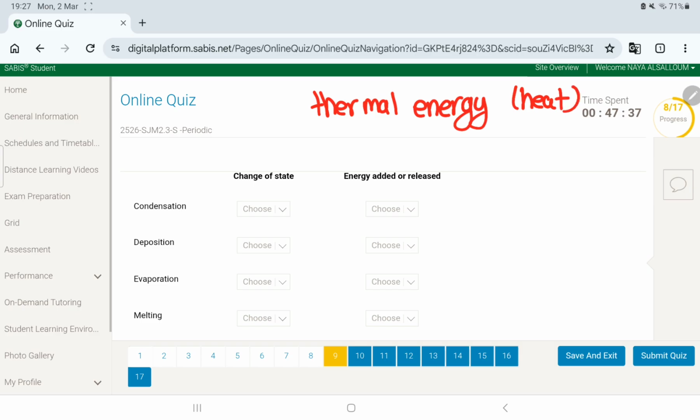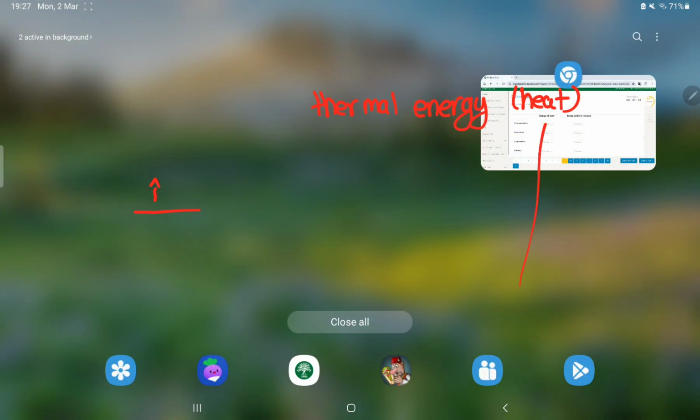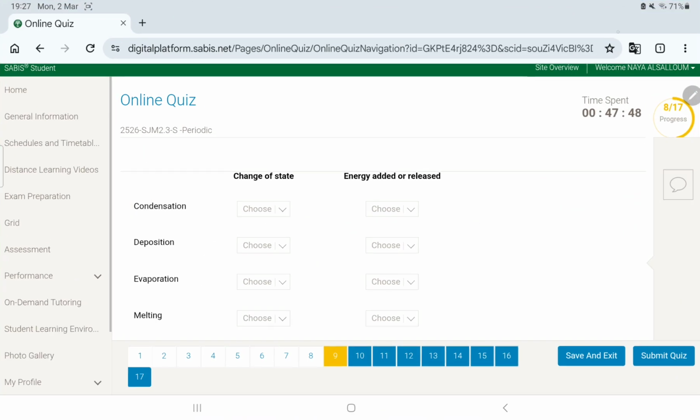Okay, so let's see here. Condensation is when a gas, my bad, here it's when a gas changes into a liquid. So gas to liquid, let me just see how the boxes come. Yeah, like this.